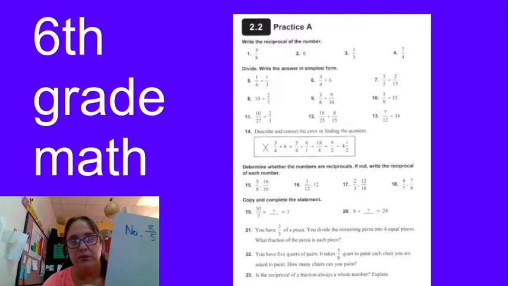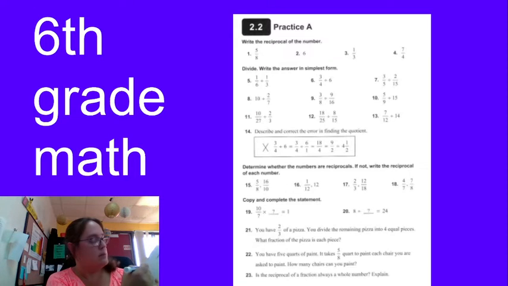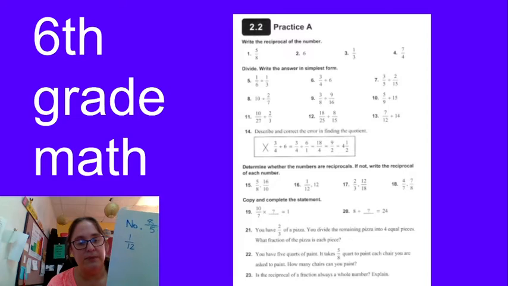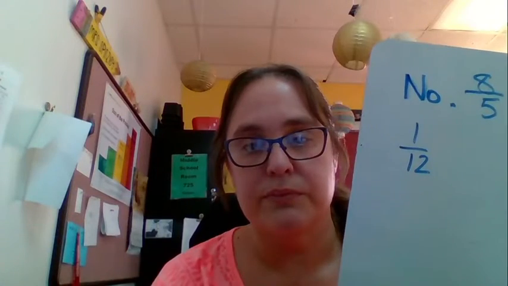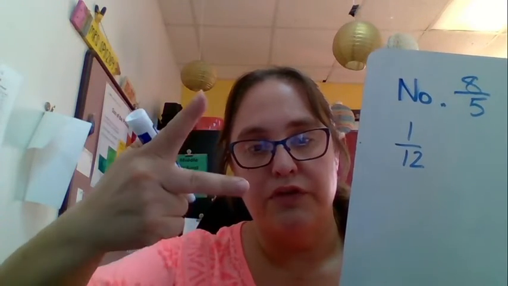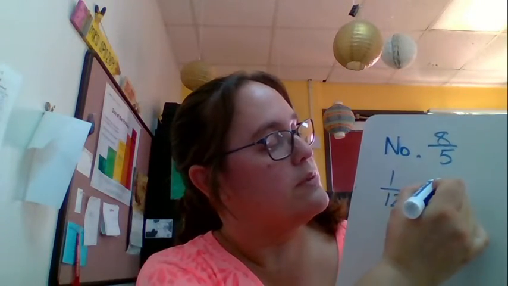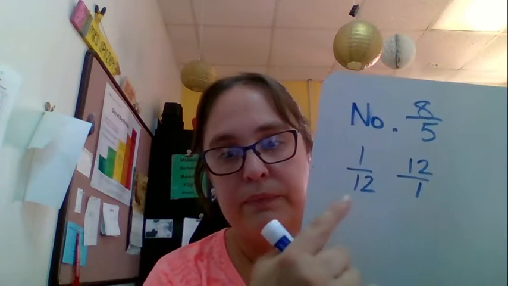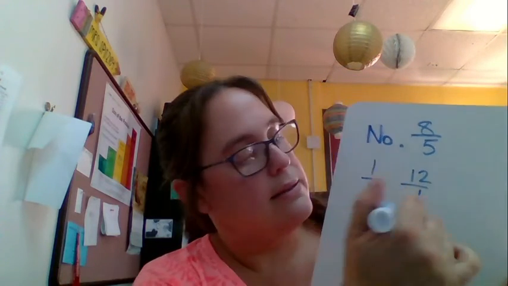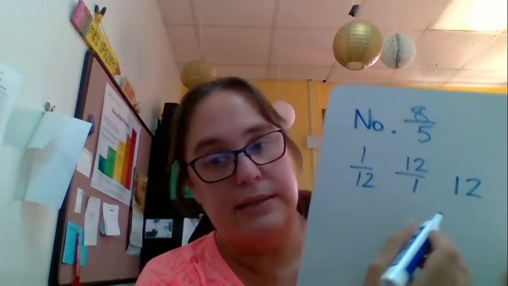Okay, take a look at number 16. They give you this one. When you flip it, when you write the reciprocal, this is what you get. Is this the same as this?